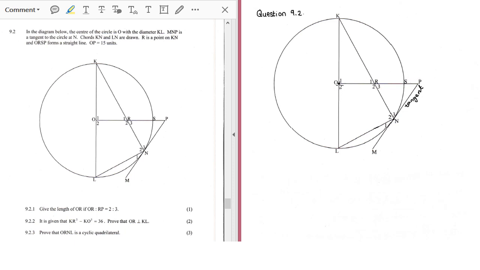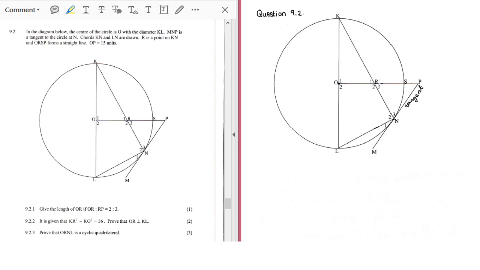Basically, now that they've named all the points on the line ORSP, and told us that this is a straight line, and we also know that KN is a chord, and by definition a chord is always a straight line, it means that at this point R we are allowed to start thinking of all the relationships that we know in terms of lines.